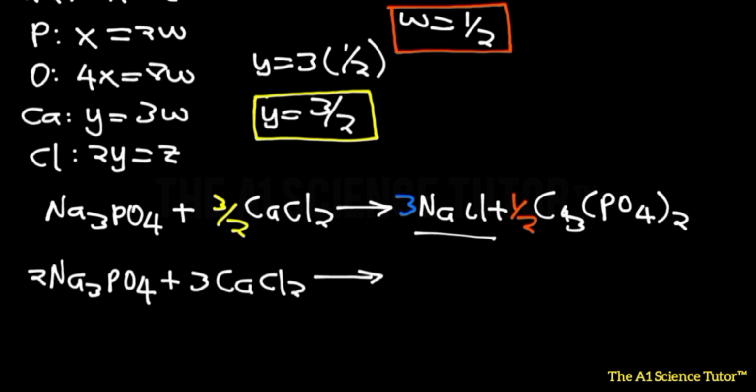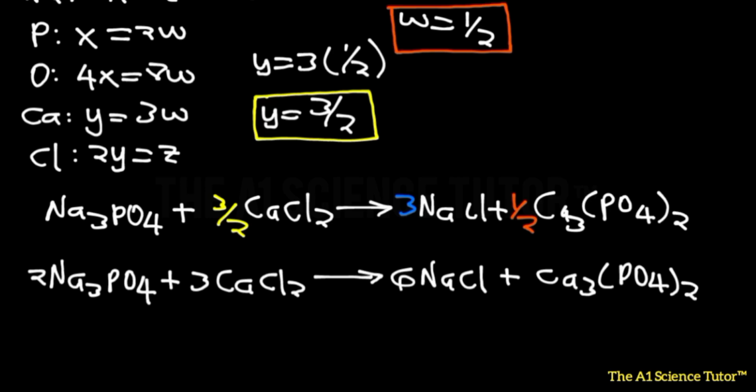Now on this side we are going to have 3 multiplied by 2, so that will be a 6 moles of sodium chloride. And here we're just going to have a 1 because 1/2 multiplied by 2 will give you a 1. So that will be calcium phosphate. So this is actually going to be the answer to the question.